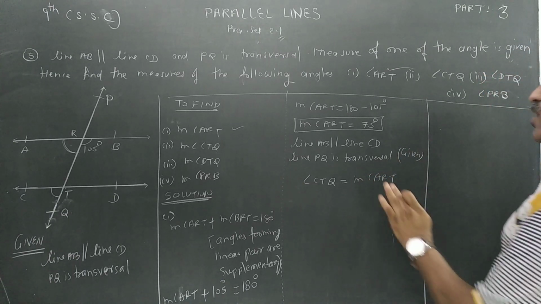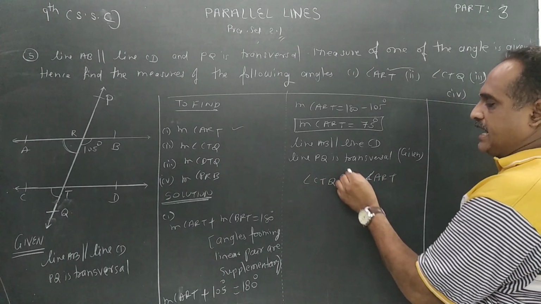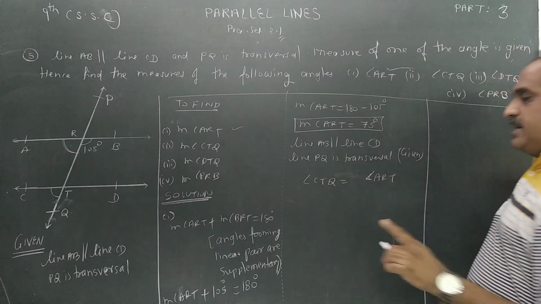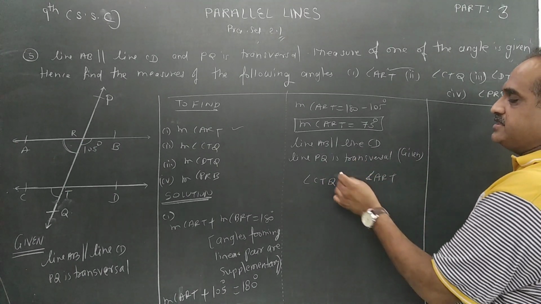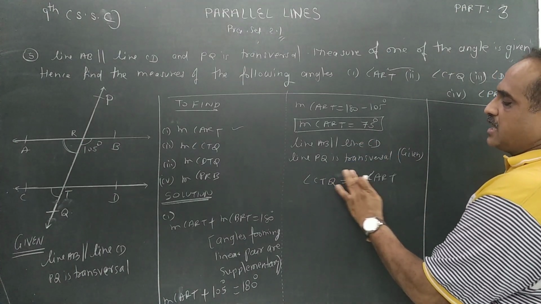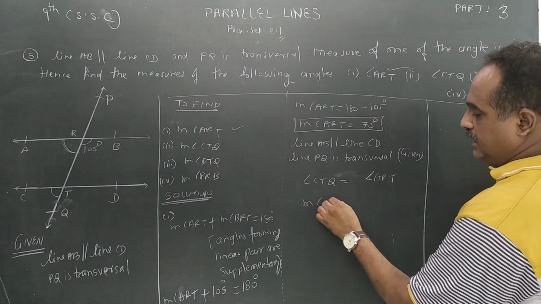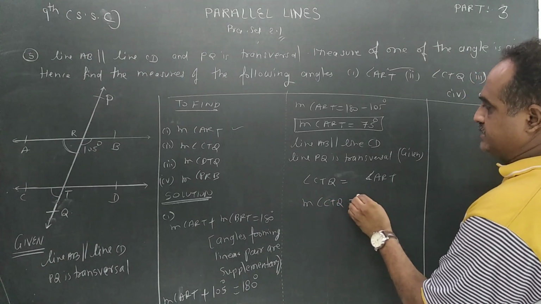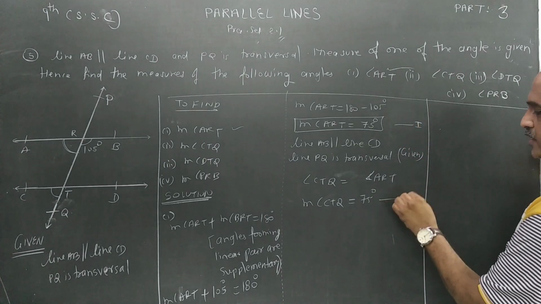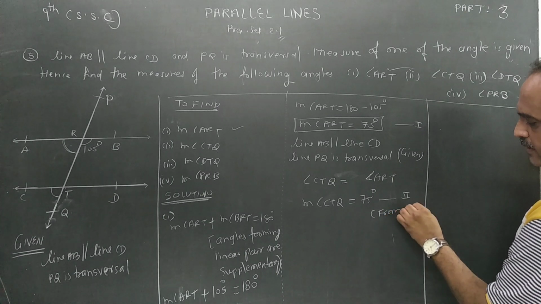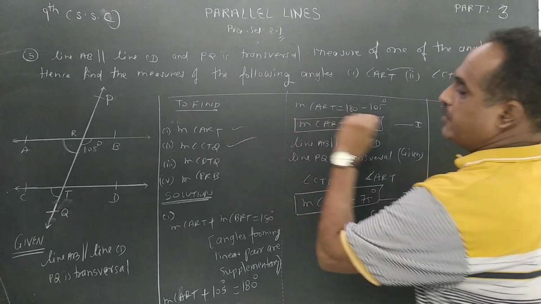Please keep in mind, when you write it like this, it indicates the measures are equal, and when you put this sign, it is called congruent. Once again, congruent angles have equal measures. So I will write that they have equal measures, and when I put this sign, these two angles are congruent, as we did in the previous question. So measure of angle CTQ is equal to 75 degrees, from equation 1. So it is equation 2. We got the second answer, that is CTQ.